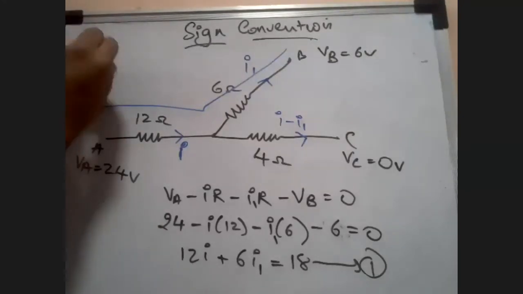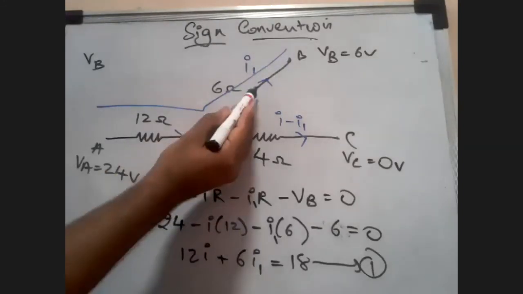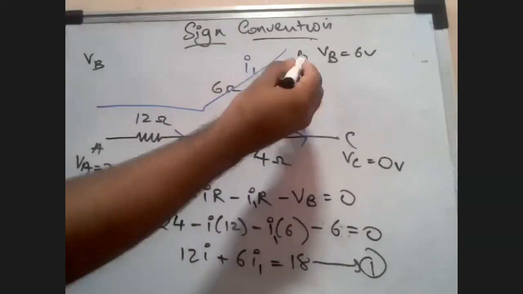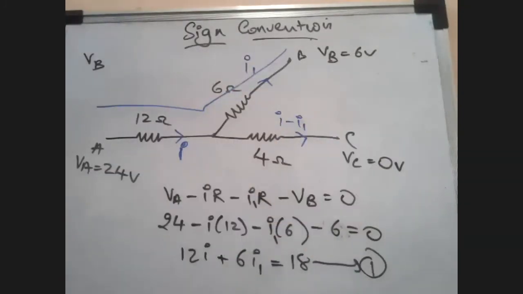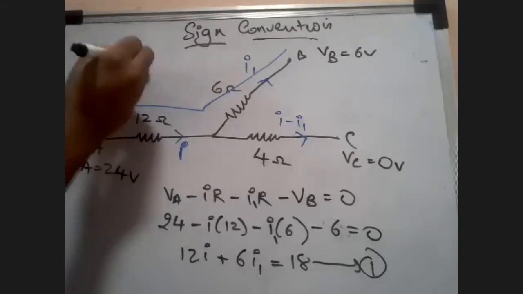It will be VB plus I1 into R. Everyone understood that? This time it is plus I1 into R, not minus I1 into R. Why? The direction of the current is towards B, but you are walking from B to C. You are going against the direction of the current here. So you will take VB plus I1 times R.